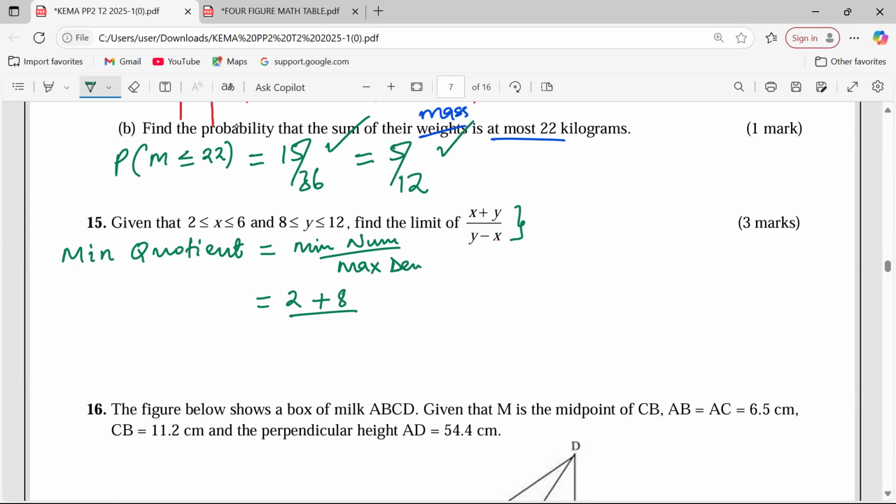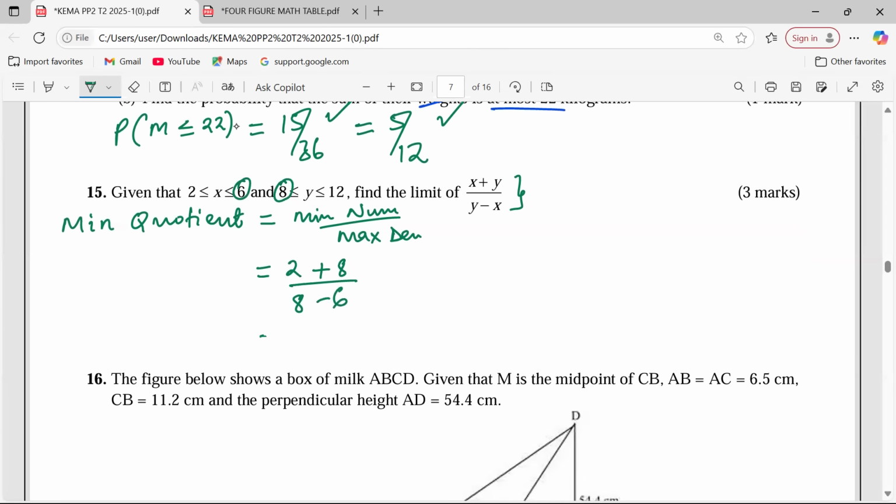And the denominator is a difference. How do we maximize a difference? To maximize a difference, we use the lower limit for the first value and the upper limit for the one that we are subtracting. So I'll be talking about 10 over 2, which is 5. Yeah, 10 over 2 is 5.